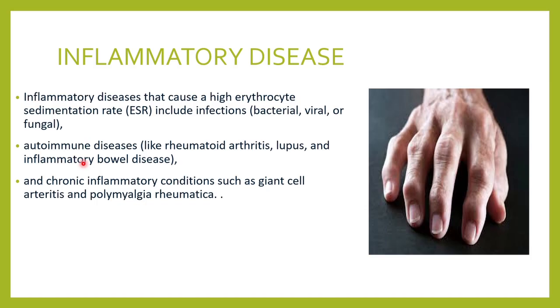The most common conditions where we see is your inflammatory conditions. It could be a lung infection, pneumonia, a bacterial infection, a viral infection, a fungal infection, anywhere in the body, osteomyelitis, your ESR will be high. Okay, so any inflammation anywhere, bacterial, viral, fungal infection, your ESR is bound to go up.